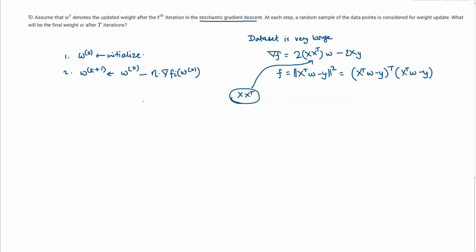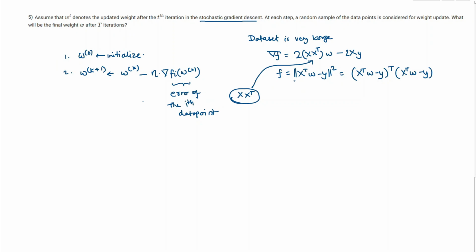Now what is f_i? So f_i is the error component corresponding to the ith data point, right? So this is the error of the ith data point.